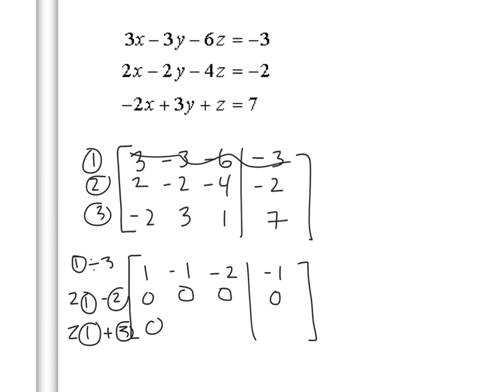Again, 2 times -1 would be -2, plus 3, which is going to be 1. Then -2 times 2, which is -4, plus 1, which is -3. And then lastly, -1 times 2, which is -2, plus 7, which is 5.